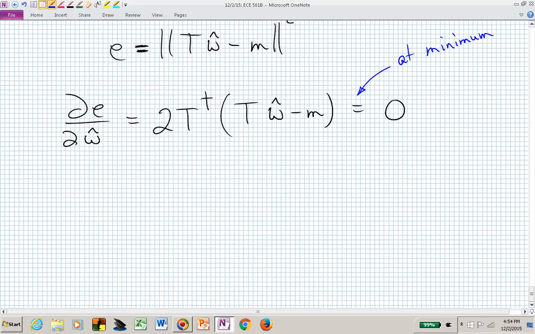Now let's just see what that translates into if we just use this relationship. Well, the 2 is just a constant. We can divide by 2. That's a positive number and does not change that relationship. And let's now distribute that adjoint through the 2 remaining terms.